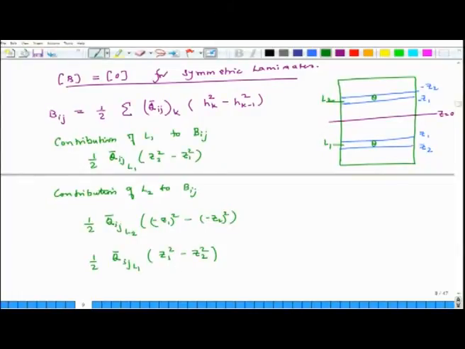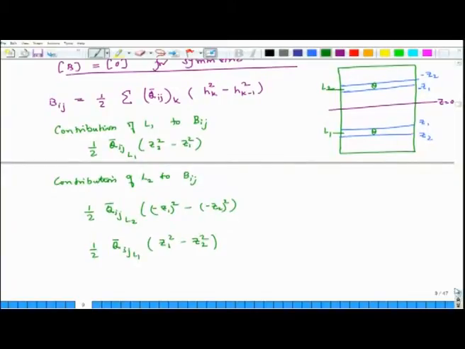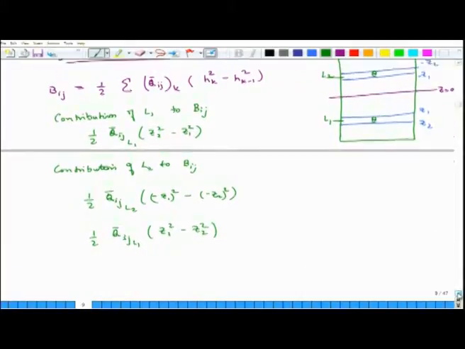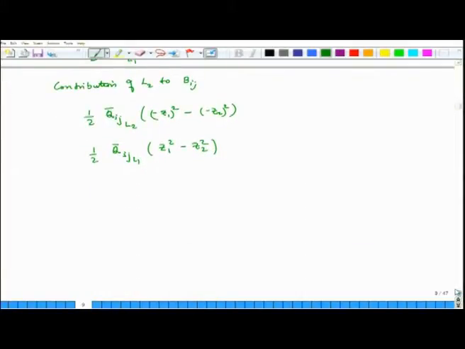So, when I add up these two contributions, they will become 0. Likewise, if for every layer on the top I have a similar layer on the bottom side at the same distance, then the overall contributions from all these layers will add up to exactly 0. That is why the B matrix is equal to 0 for symmetric laminates.